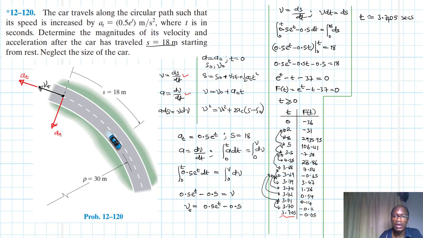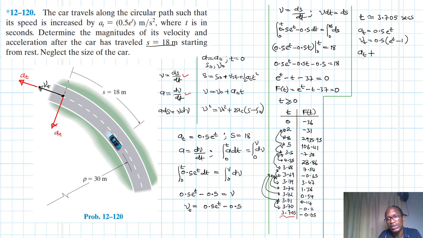So we use this time now to compute the value of a as well as v. So our a_t is equal to 0.5 e to the power t, and our v(t) is equal to 0.5 times (e^t minus 1).